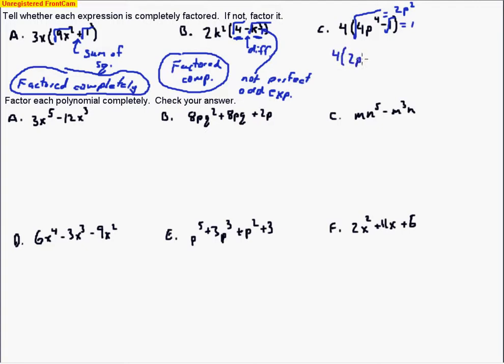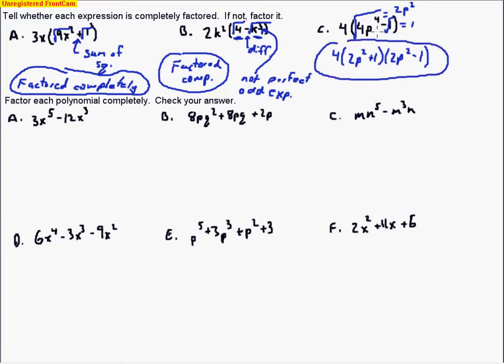So here we have 4 times 2p squared plus 1, and then we also have a 2p squared minus 1. And you see how the 2p squared and 2p squared make the 4p to the fourth. The 1 and negative 1 make a negative 1. The outside and inside terms are going to end up canceling out because they're opposite in sign. So there is our answer.